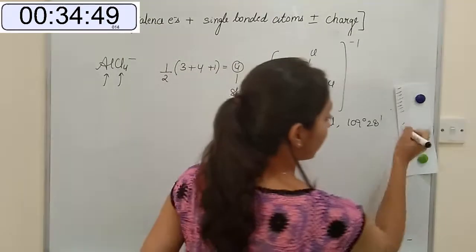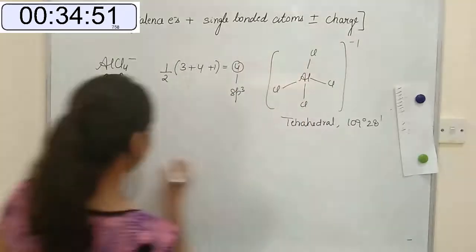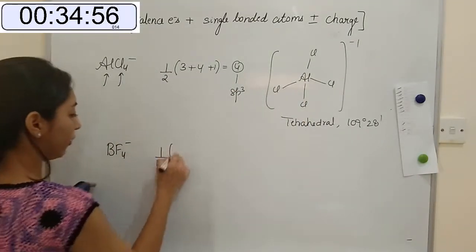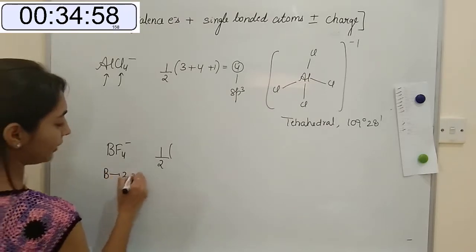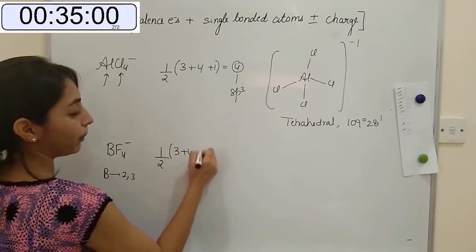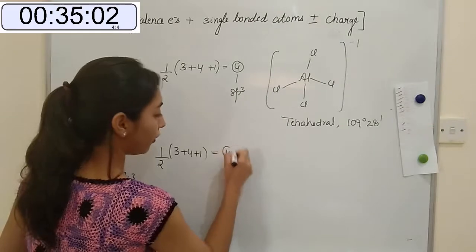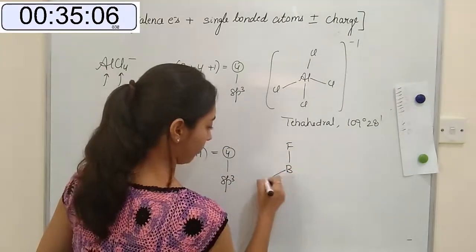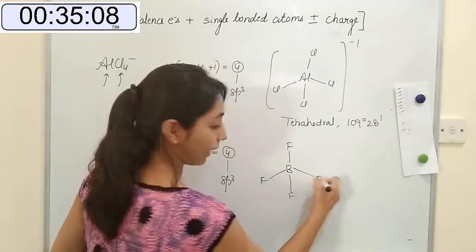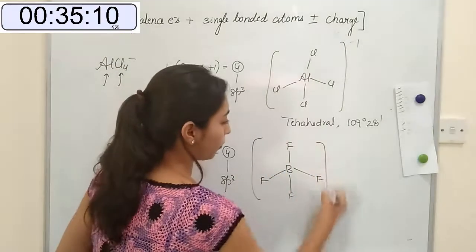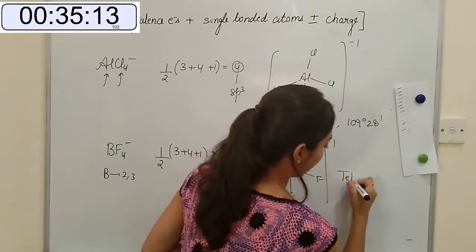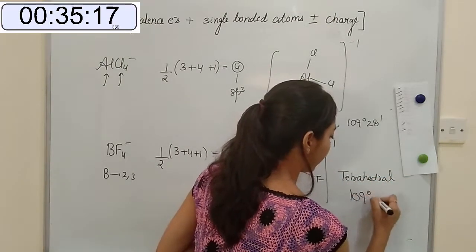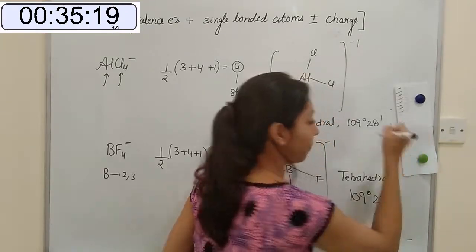Now moving to the 40th question, which is BF4 minus. Half. Boron is 2, 3. So 3 plus 4 plus 1, which is again 4. 4 means sp3. So B, F, F, F, F, put the bracket with 1 minus charge. The shape is tetrahedral and the bond angle is 109 degrees 28 minutes.